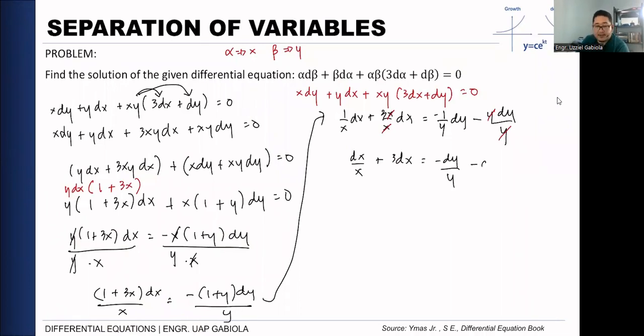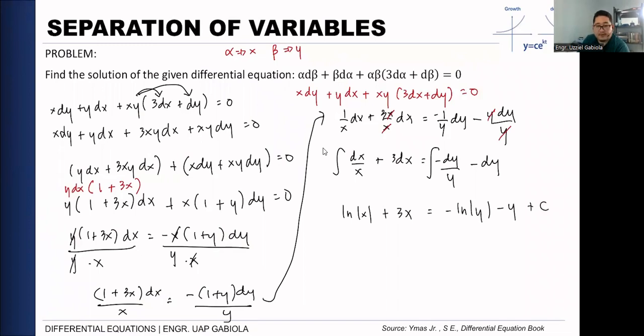And anong pwede natin gawin na? Pwede na tayo mag-integrate. This is a basic integration na lang. So, integrate natin. This will be ln x plus 3x equals to negative ln y minus y plus c.